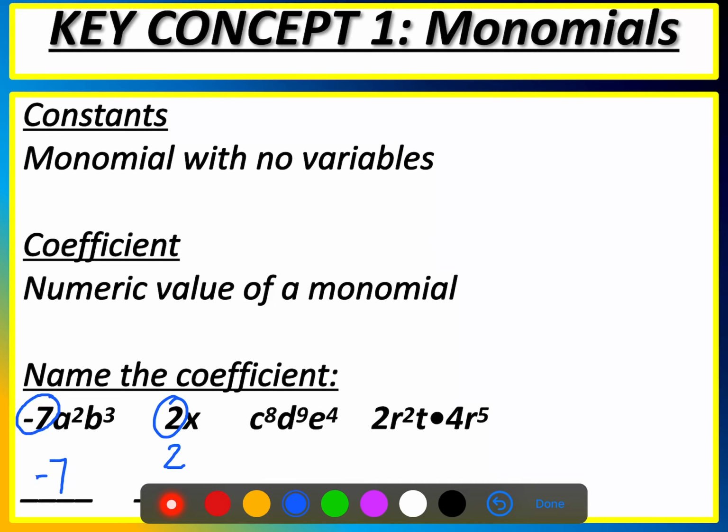In example number 3, I do not see a numerical value in front of my variable. So I have to know there is an implied 1 anytime a number is not listed. So the coefficient on example 3 is 1.